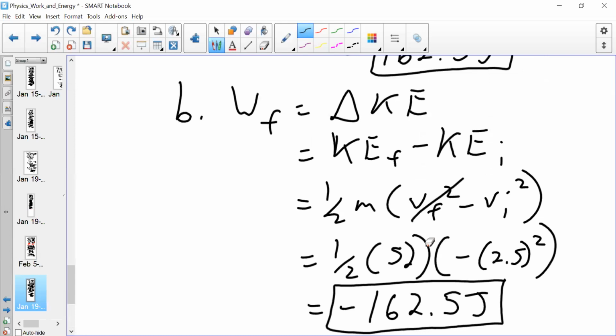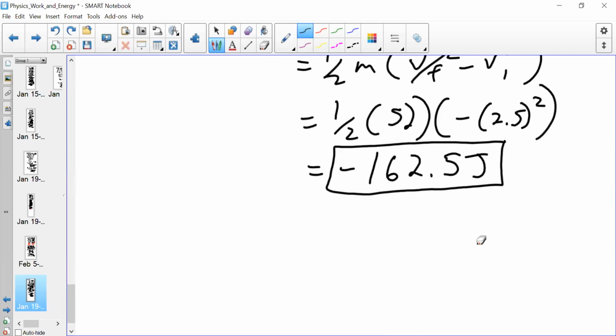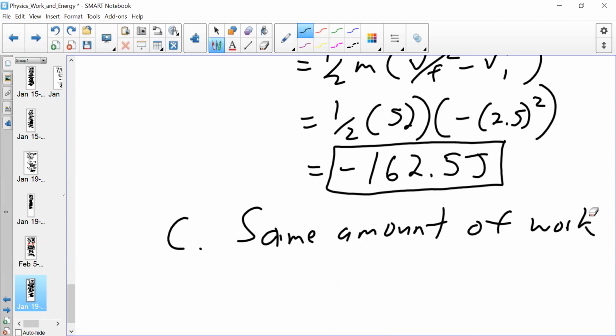You're changing the direction of it, but you're not changing the amount. So the work will be the same. For part C, it's the same amount of work.